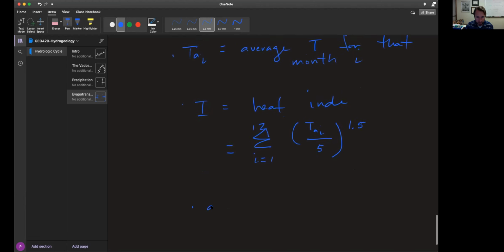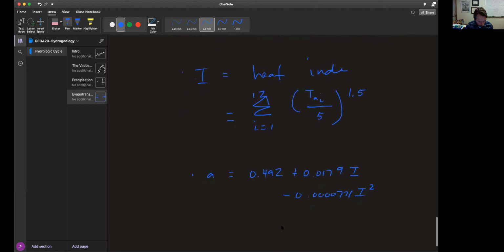And then finally, A is equal to 0.492 plus 0.0179 times I minus 0.0000771 I squared plus 0.000000675 I cubed.